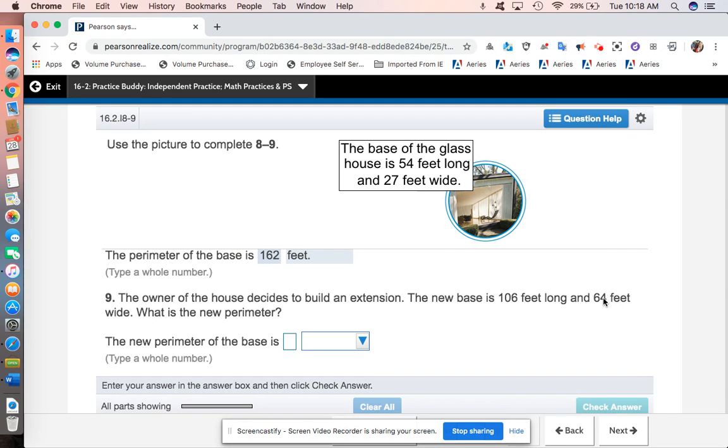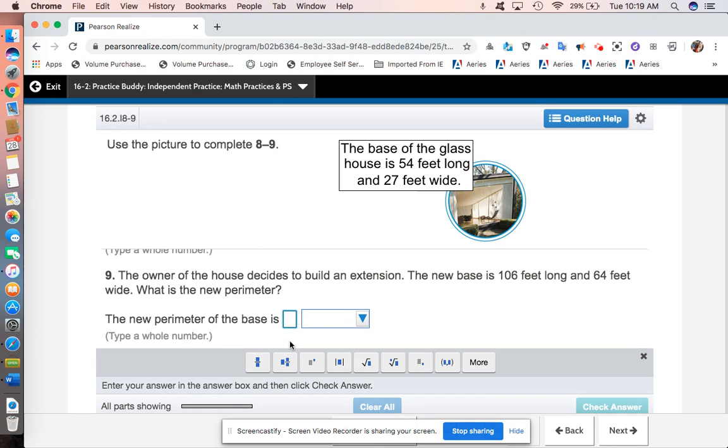When I add 212 and 128, I get 340. Let's look at this again. 106 plus 106 is 212. 64 plus 64 is 128.